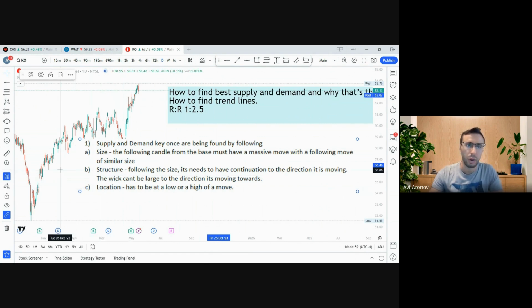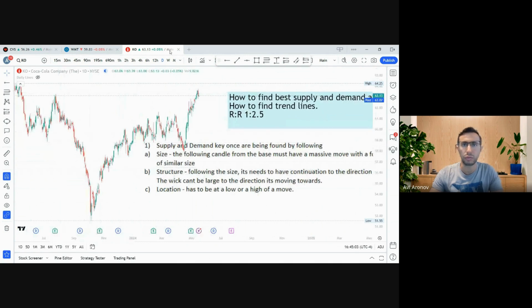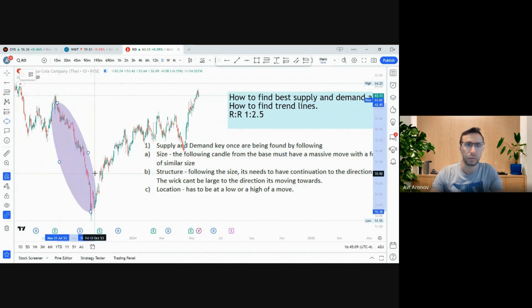Why location? Because with location, you want to cut the crop, as they say, and not look anywhere in between here to here. You don't need that. Where you really want to look will be only in these areas here.